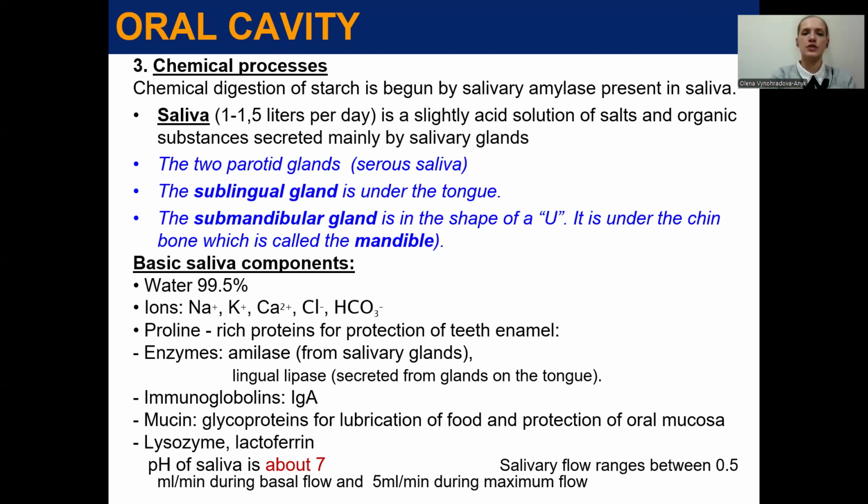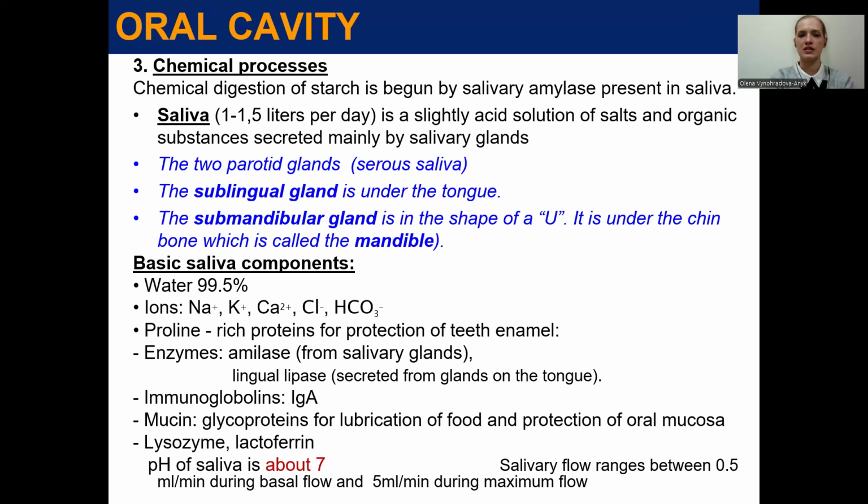Also, if we are talking about saliva production, we have a huge volume of saliva per day, like 1.5 liters per day. It is a slightly acidic solution of salts and organic substances secreted mainly by the salivary glands.